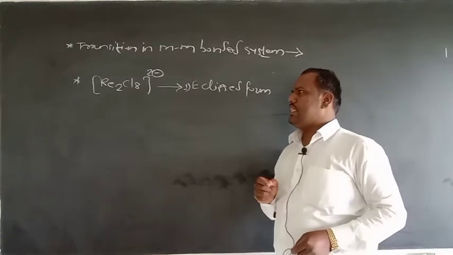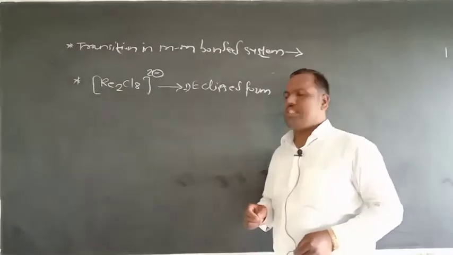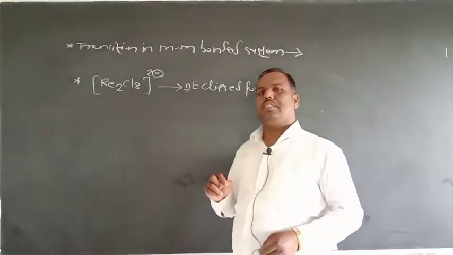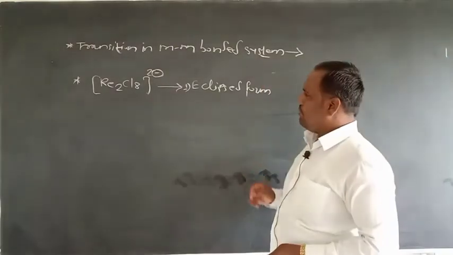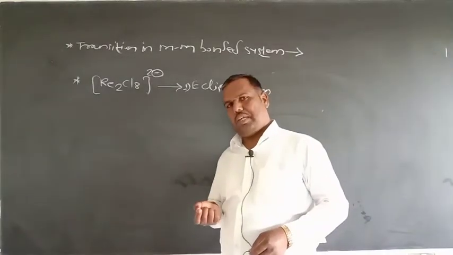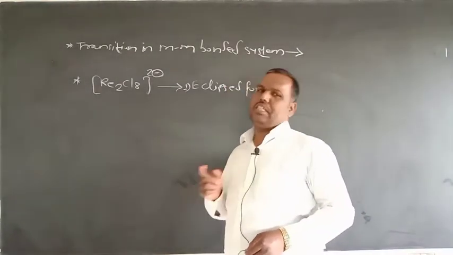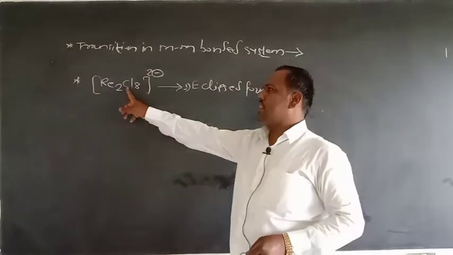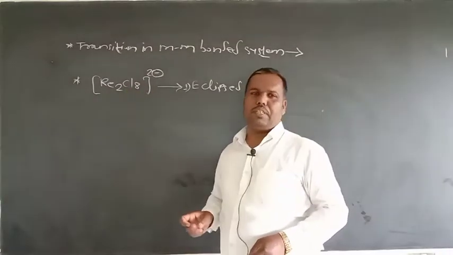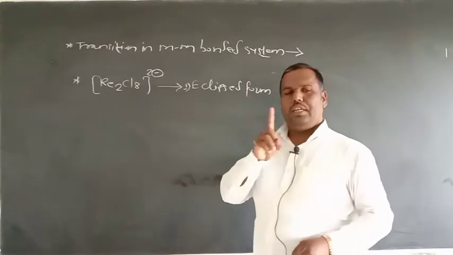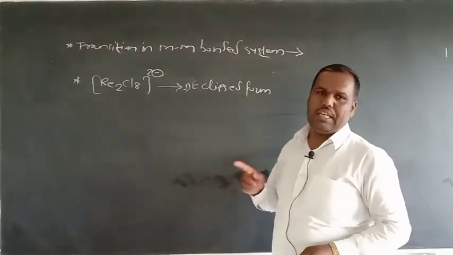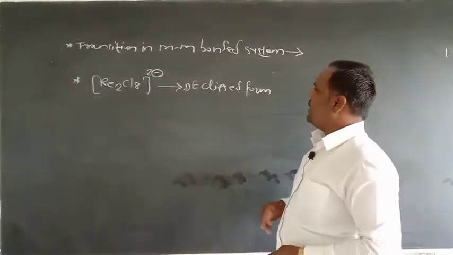Therefore, in this complex, only one delta bond is possible. What is the meaning of this? The dx square minus y square orbital of each metal atom is involved in bonding with the halogens, and therefore it is not involved in metal-metal bonding, so only one delta bond is formed by the overlapping of the dxy orbital. So it is in eclipsed form.